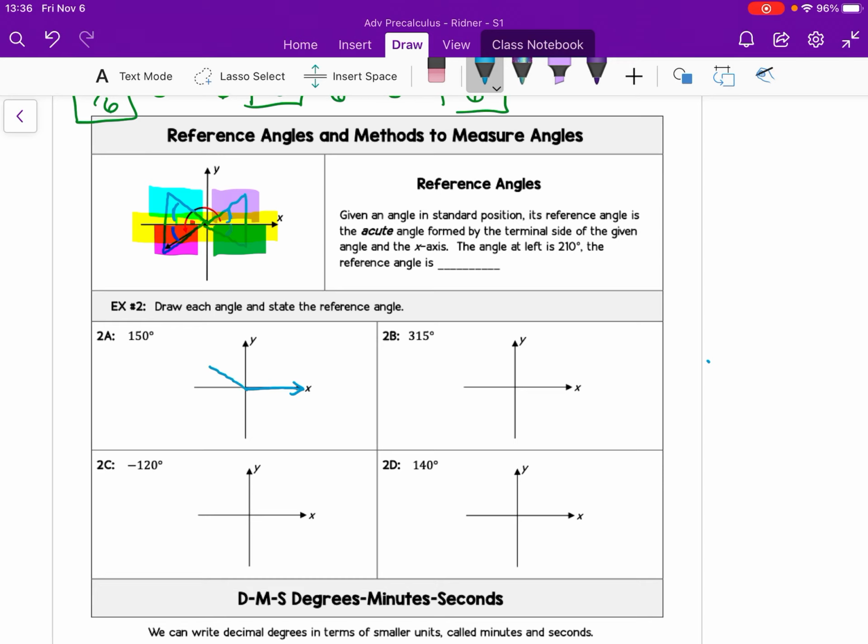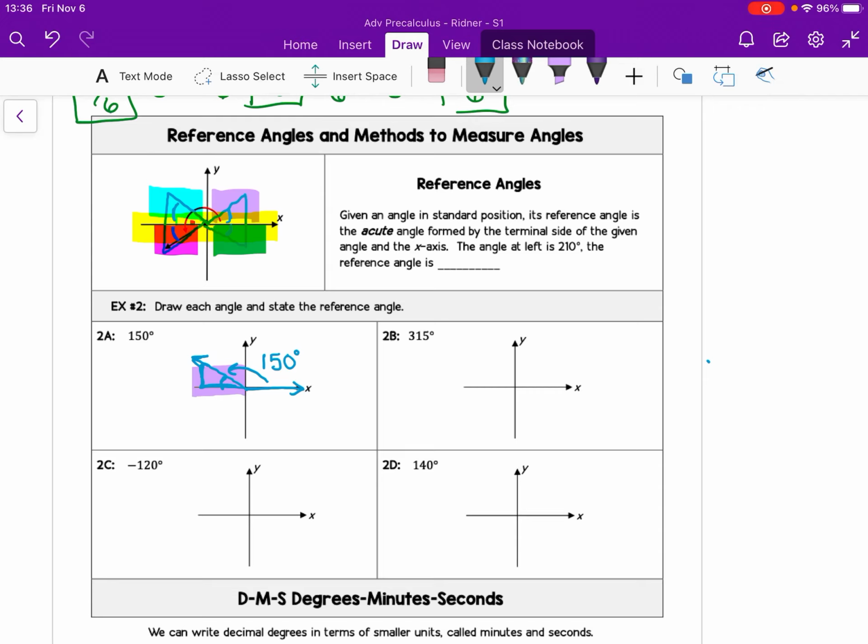So if you think about 150 degrees, it's somewhere right there. You want to talk about the acute angle from the x-axis. You're talking about this angle right here. So this is 150 degrees. What is this?